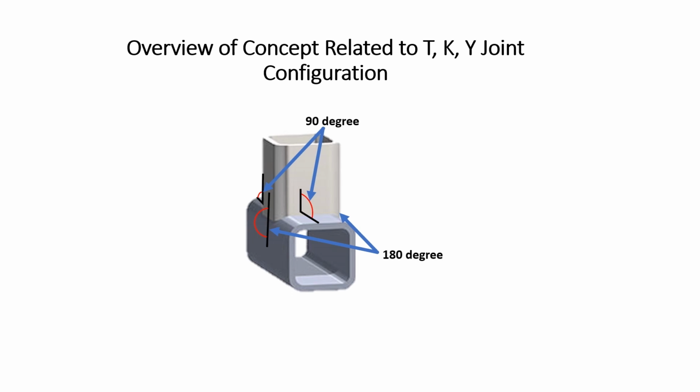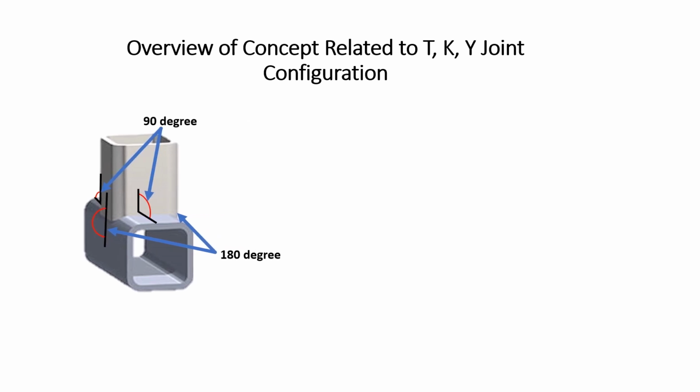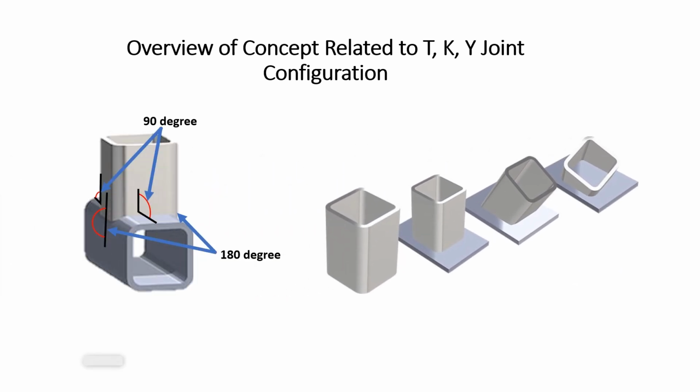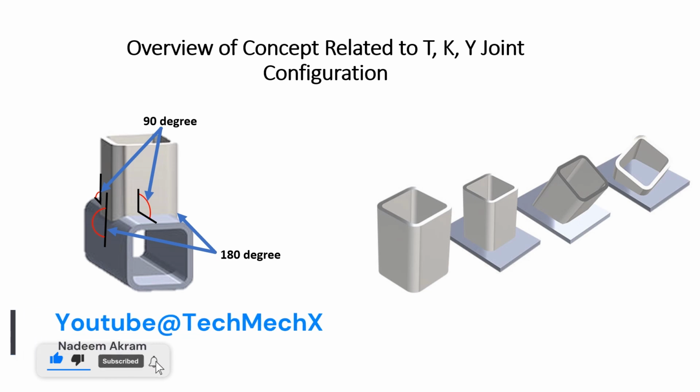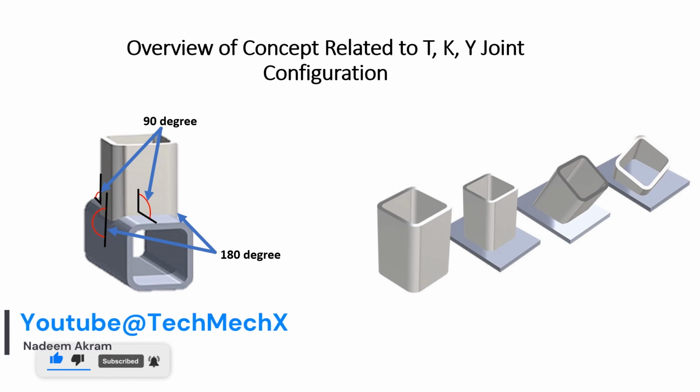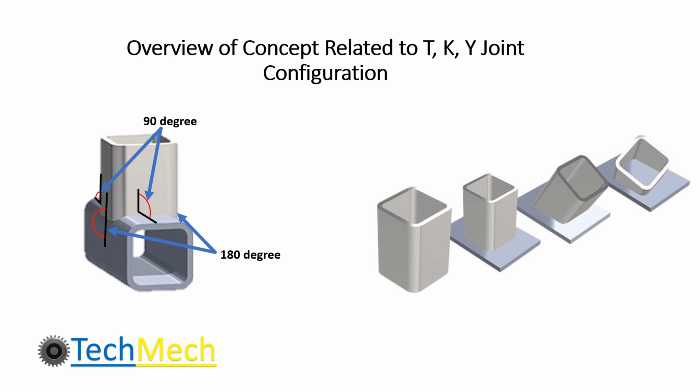Similarly, let's see some more pictures. By examining this picture, it becomes clear that the distribution of acting stresses is influenced by the local angle, regardless of the overall intersecting angle of the brace or structural member.